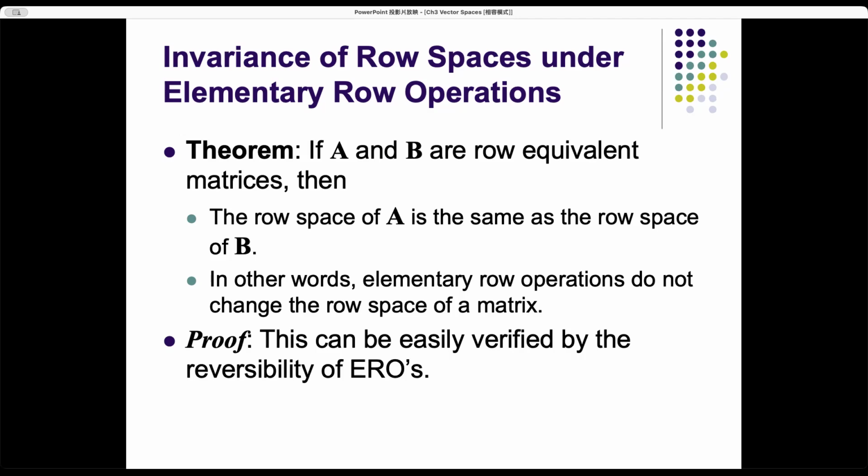Because they can be undone by similar elementary row operations, they do not affect the row space of a matrix. So the row space of a matrix remains the same after the elementary row operations.